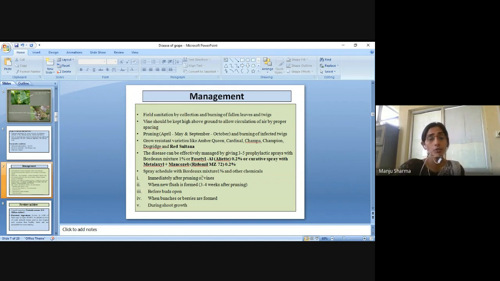Then spray schedule with Bordeaux mixture 1% immediately after pruning of vines, and other chemicals when new flush is formed, 3 to 4 weeks after the pruning, before buds open and when the bunches or berries form.